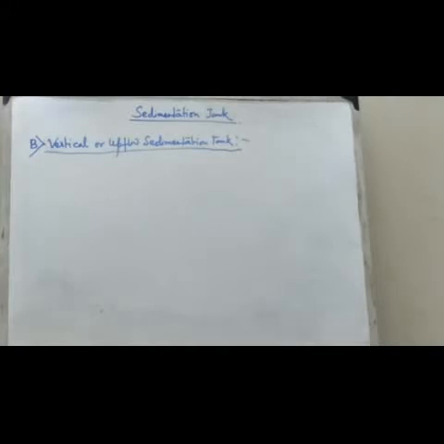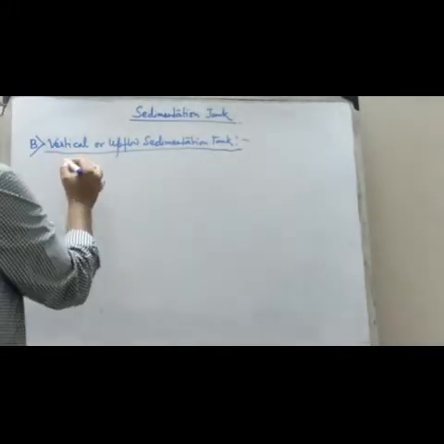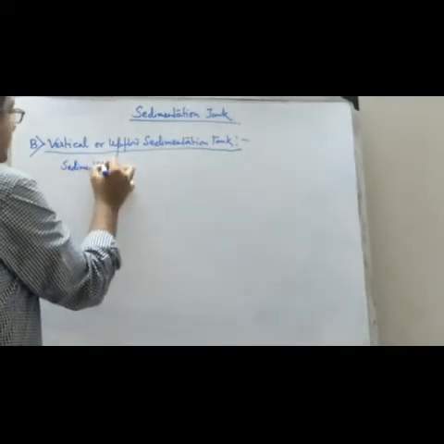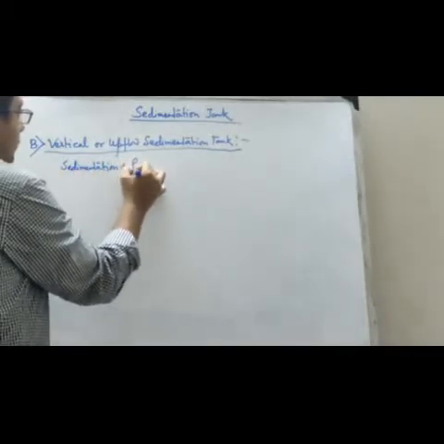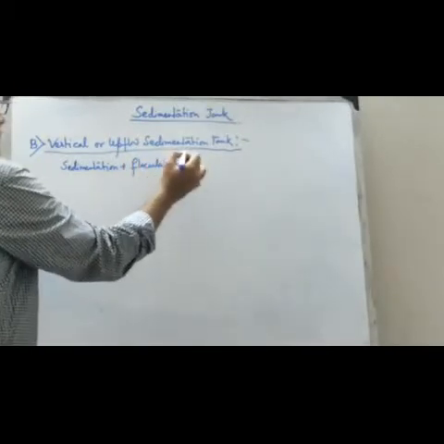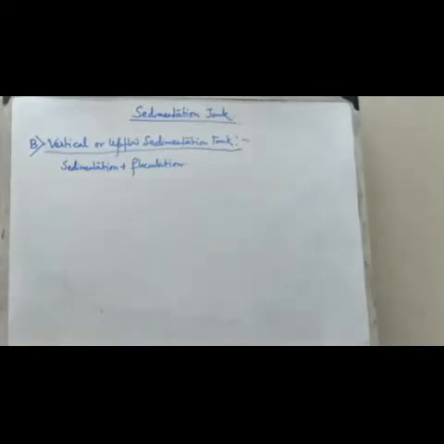So please write down, the main principle is sedimentation with flocculation. This is the main principle of this vertical or upflow settling tank, and they may be square or circular in plan and may have hopper bottoms.